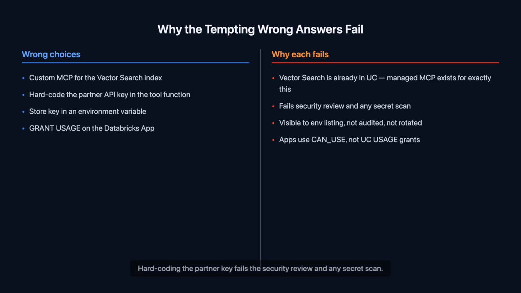Stuffing the key in an environment variable looks safer but isn't. It's visible to any process that lists env. It's not audited, and there's no rotation story. And grant usage on the Databricks app mixes two permission models. Apps use can_USE, UC uses USAGE, and they don't combine. Spotting these four shapes will rule out most wrong answers on this material.